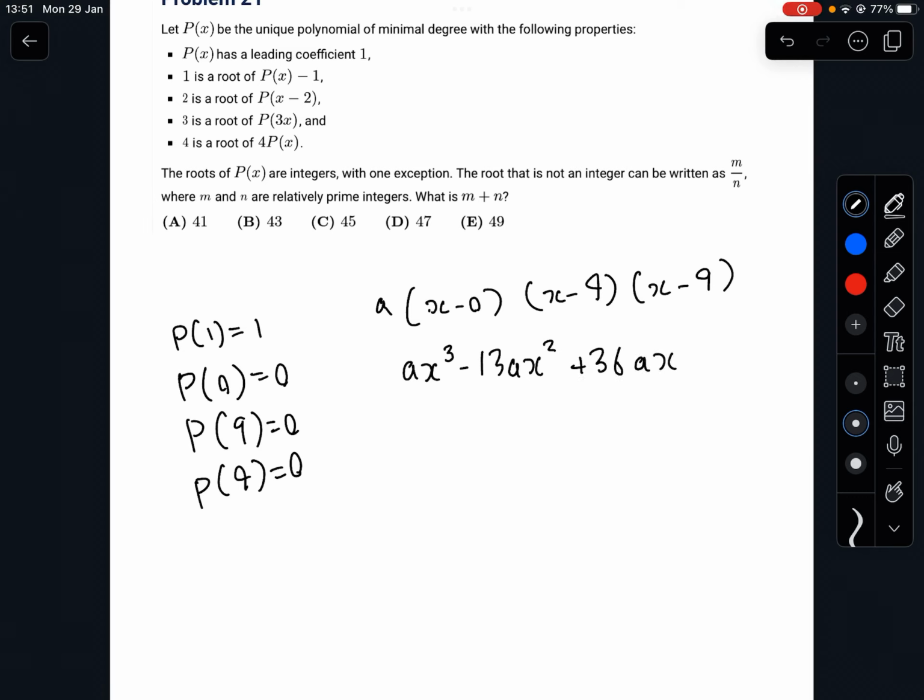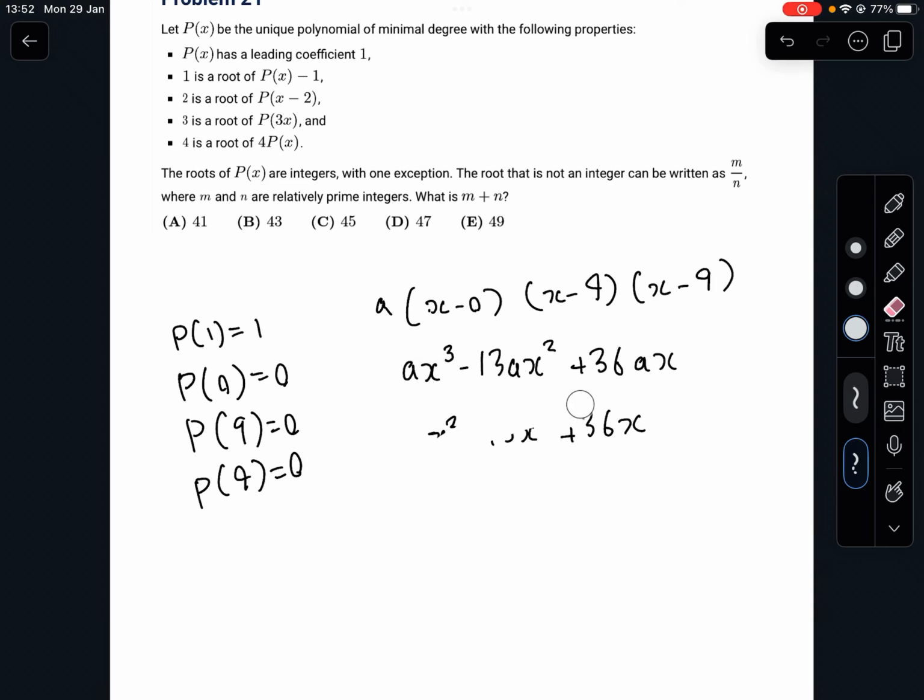We know the leading coefficient must be 1, so we'll divide the whole equation by a to get x cubed minus 13x squared plus 36x. Let's check if the coefficients sum to 1. We have 1 minus 13 plus 36, which equals 24, not 1, so this does not work. So the degree of the polynomial needs to be larger than 3.